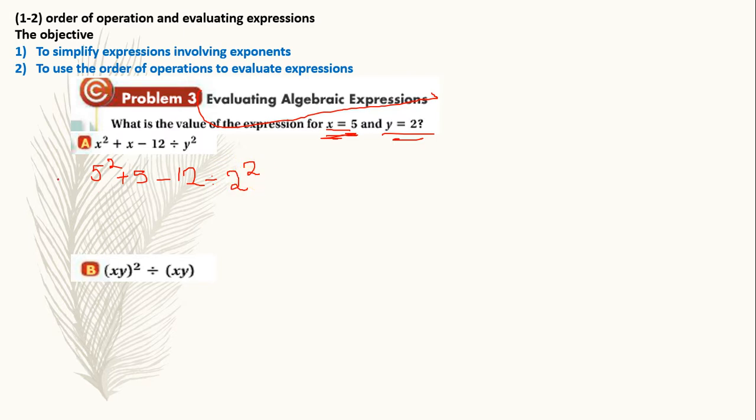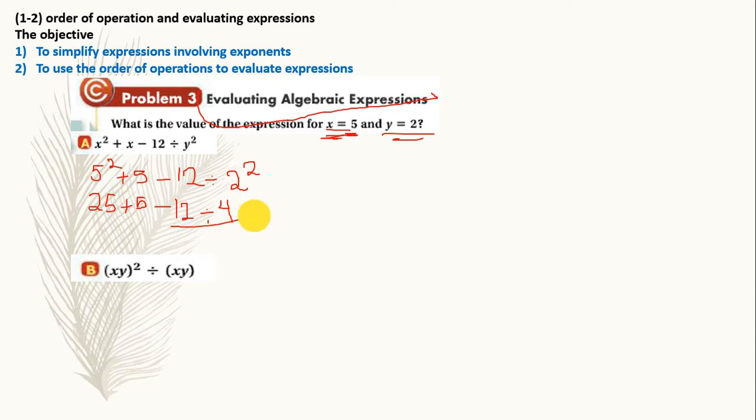Now let's do the powers first. We don't have parentheses, so then we go to the next level, which is doing the powers. So 25 plus 5 minus 12 divided by 4. Now, next level, we finished the powers, then we will move to multiplication and division.